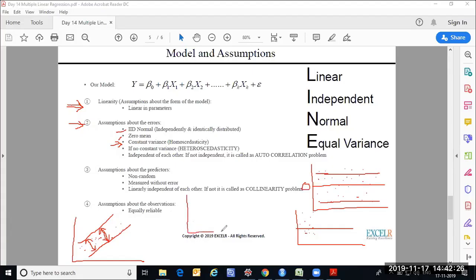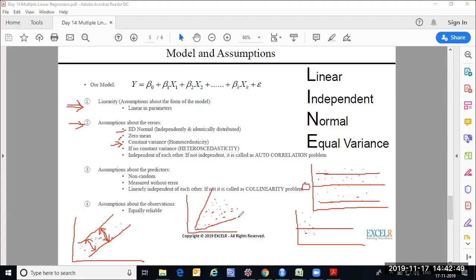If the errors are spread like this, is the variance constant in this case? No, right? Looks like a cylindrical shape.